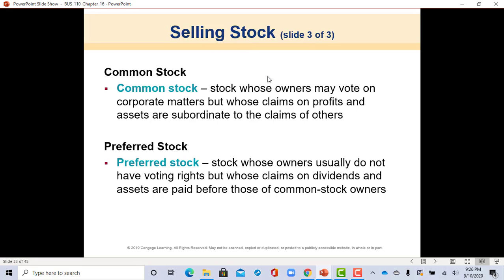Common stock is bought when somebody cares more about being able to vote than they do about getting income. But if you're somebody that cares more about getting the income than the votes, then you choose the preferred stock.